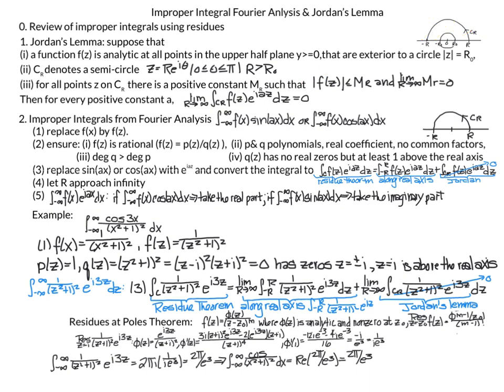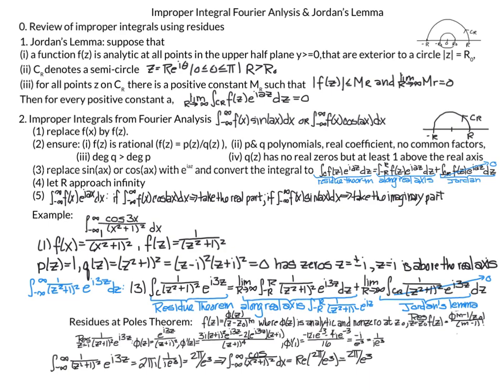So we'll look at this closer with an example. Next, we'll put together the ideas we have from doing improper integrals using residues along with Jordan's lemma in order to get a method for doing these improper integrals with the sines and cosines. And this will be our method here, and this will be our result.